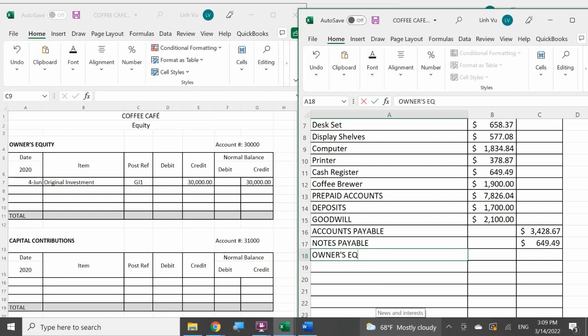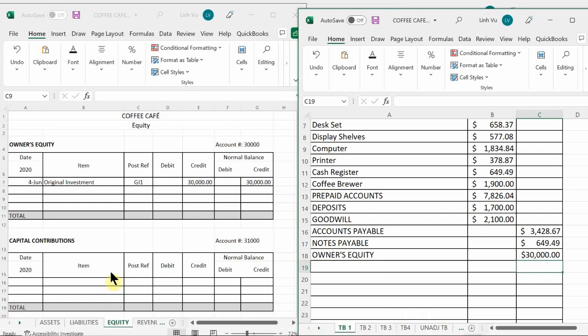And what is my account balance in my owner's equity account? $30,000. That's how much equity I originally invested in my company. It's $30,000.